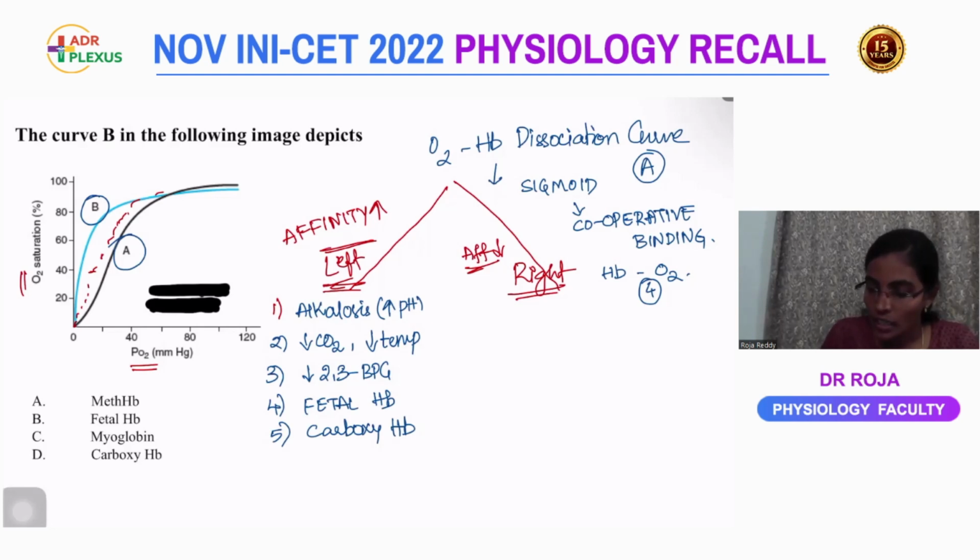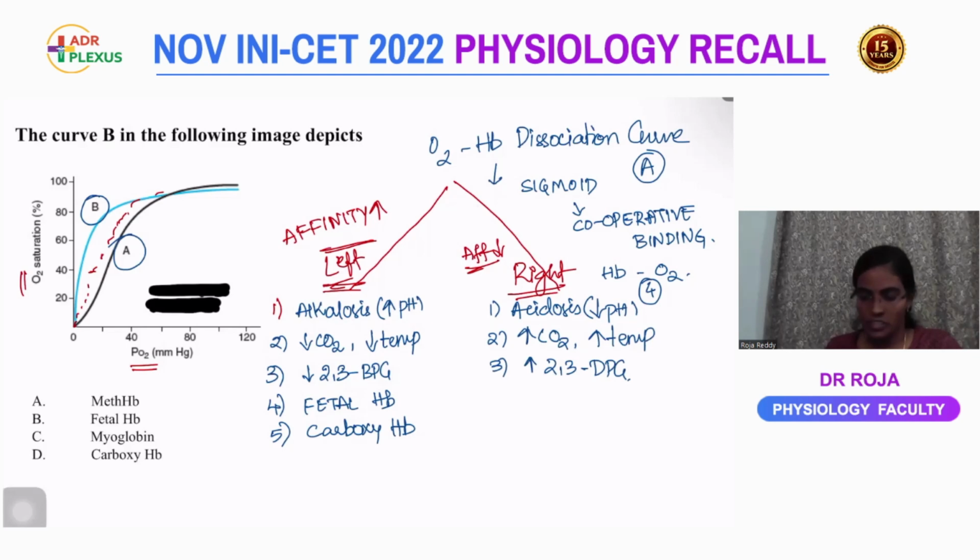Similarly, if you look at the causes for the right shift, again the opposite conditions: acidosis or decreased pH, increased carbon dioxide, increased temperature, and increased 2,3 DPG. These are the various causes for a right or a left shift.